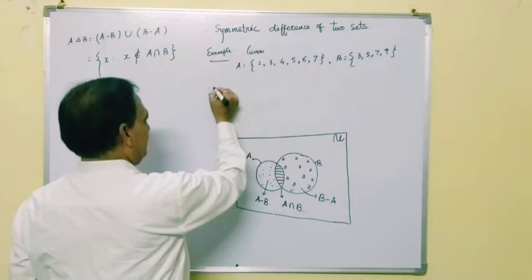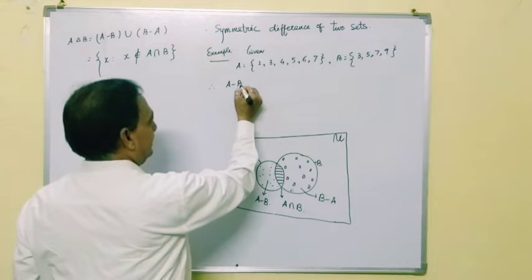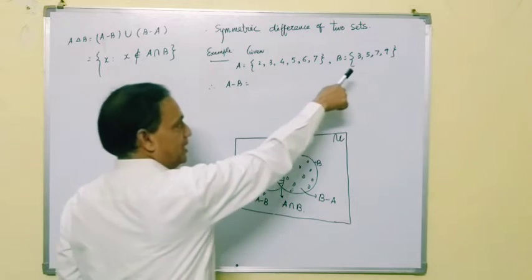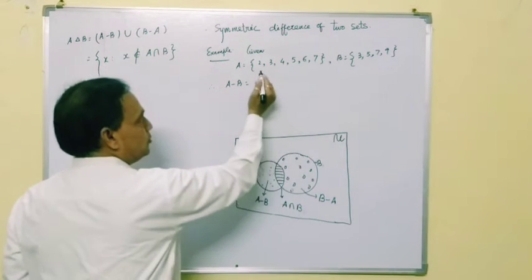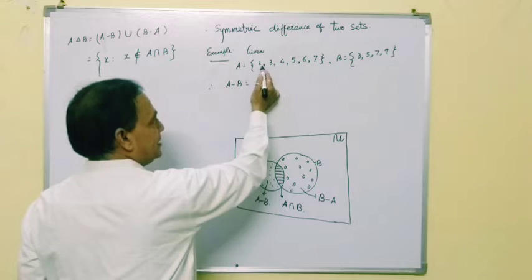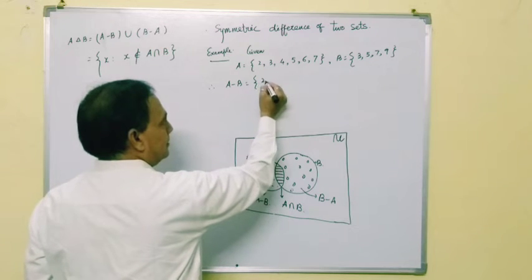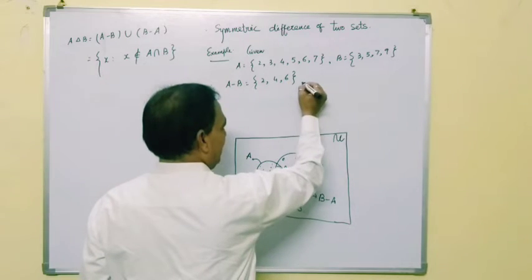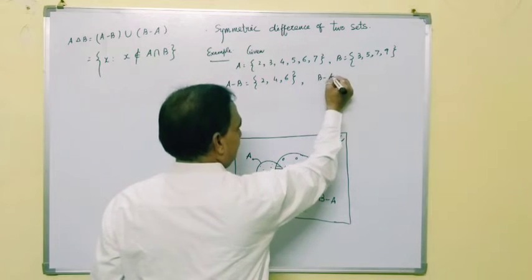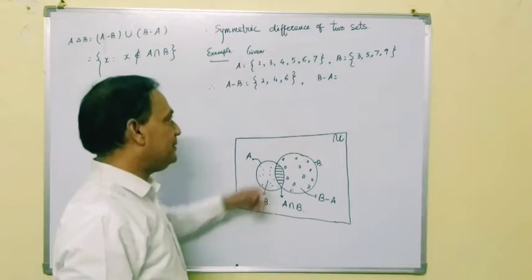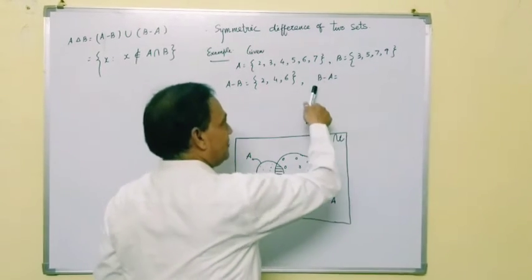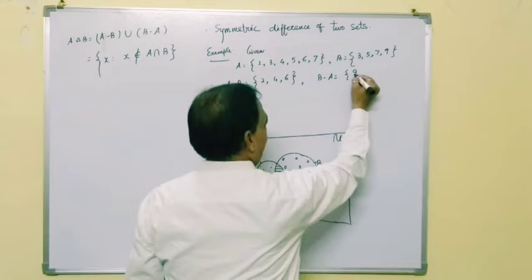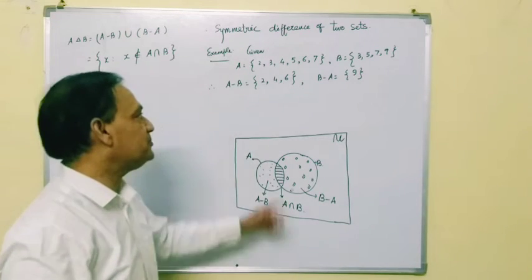What is A minus B? A minus B is equal to all those elements of A which do not belong to B. So these elements are 2, 4, 6. What is B minus A? B minus A is all those elements of B which do not belong to A. That is 9. This is B minus A.